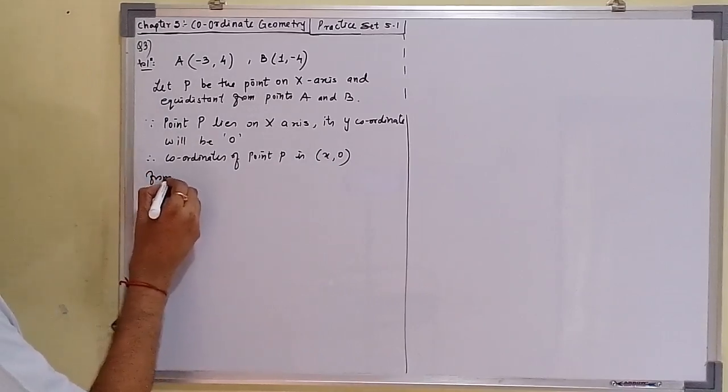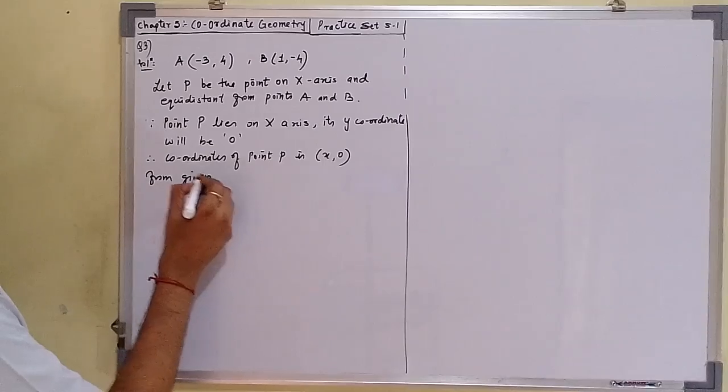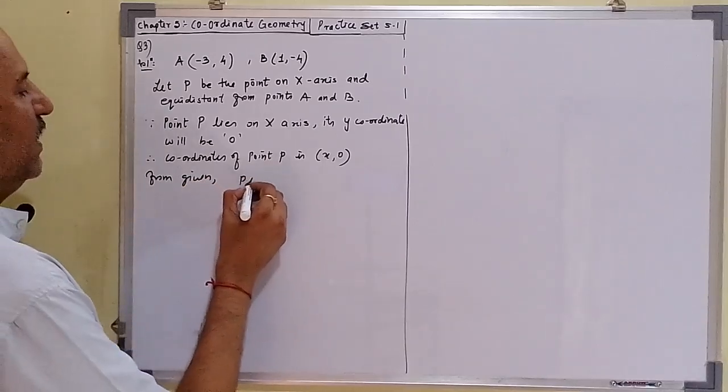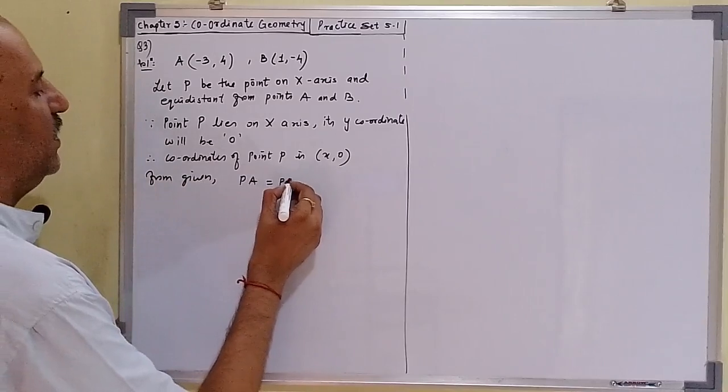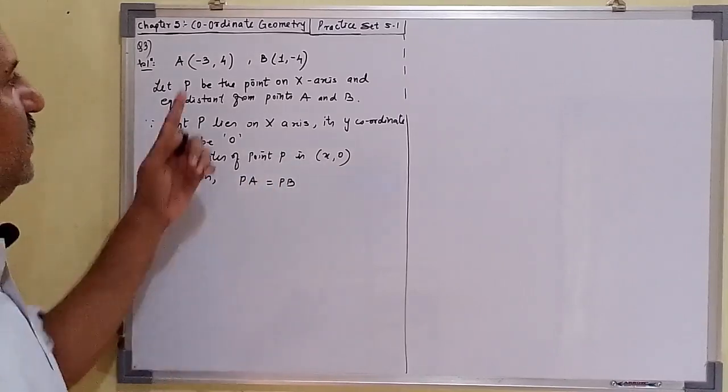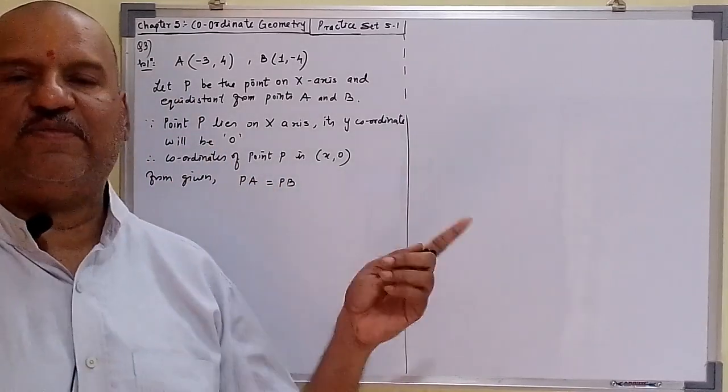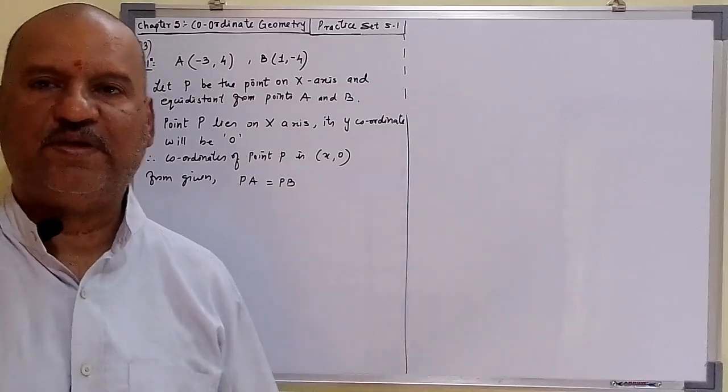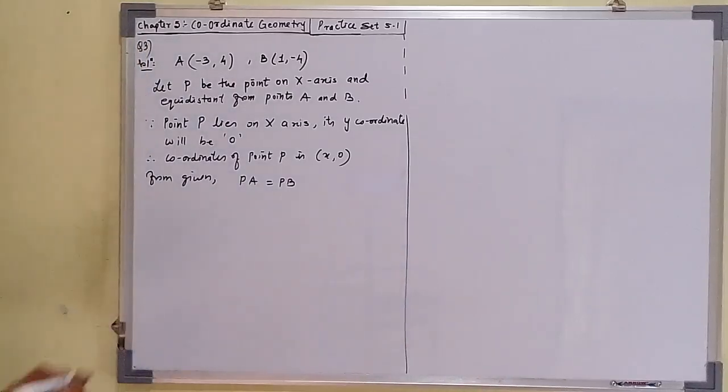From given PA equal to PB. This P is equidistant from A and B, so PA will be equal to PB from given. तो सब्स्टिट्यूट करो अभी इसके अंदर.